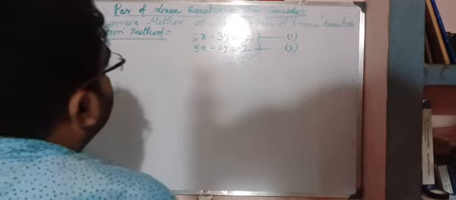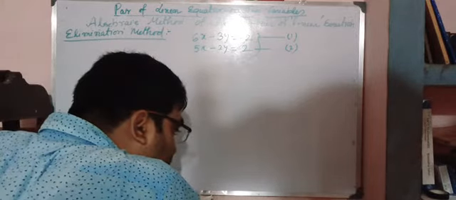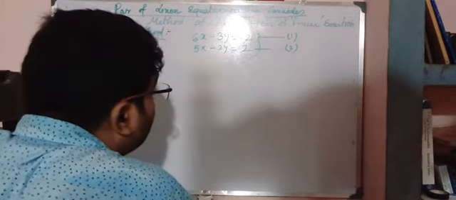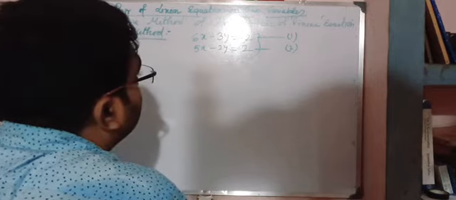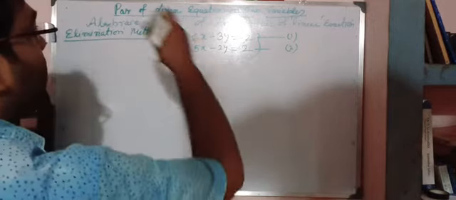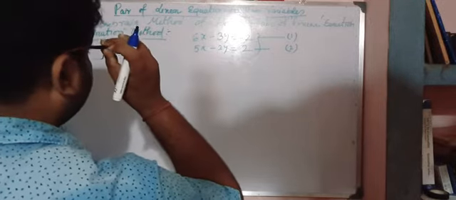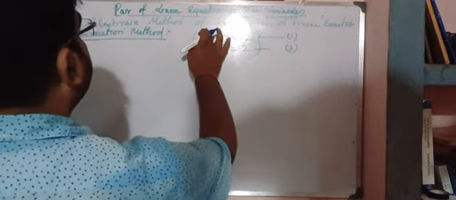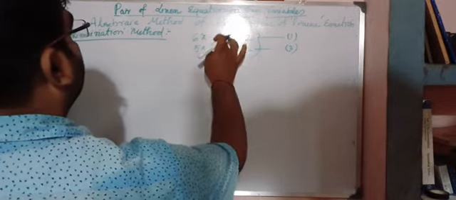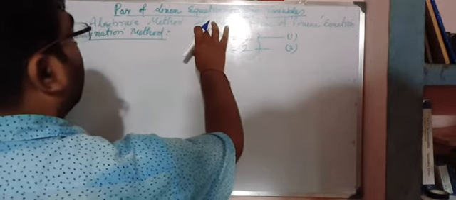By the elimination method, we make the coefficient of any one variable equal so that we can eliminate it. Our first target will be to eliminate one unknown variable, either x or y.